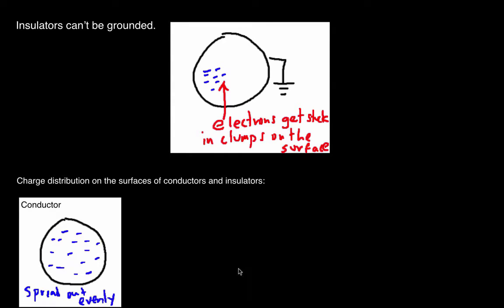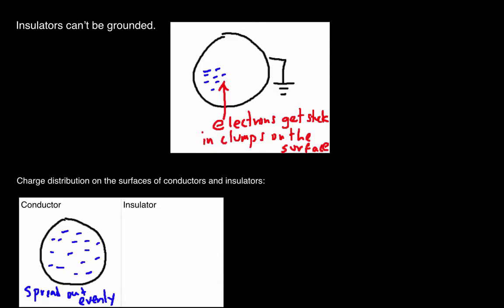This is because the electrons are repelled from each other. They don't want to be near each other. And because they're able to flow freely through the conductor, they spread out as much as they can to get as far away from their neighbors as possible.